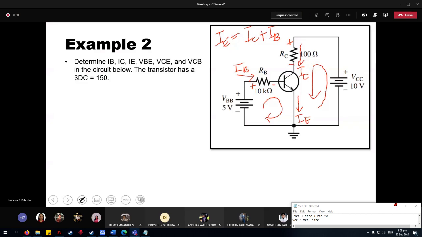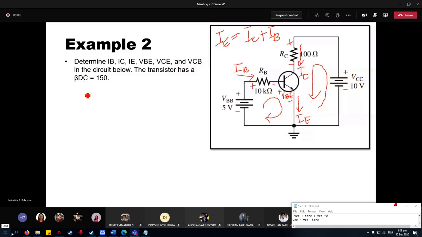So, you write your loop equation. It is okay if you write the formula, because if the circuit changes, for this particular circuit you can use the formula that we had on the previous slide. But if it is a different circuit and you are not used to circuit analysis, then you will have a hard time. So, start practicing circuit analysis here.